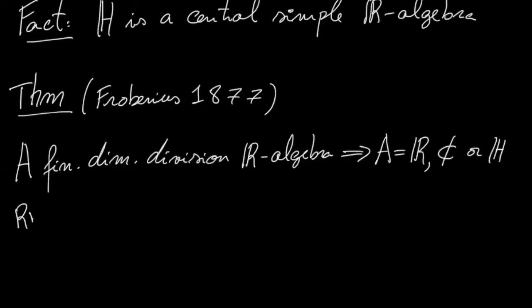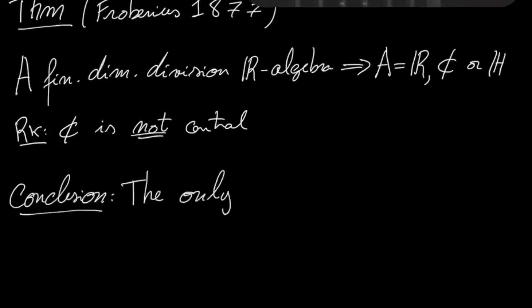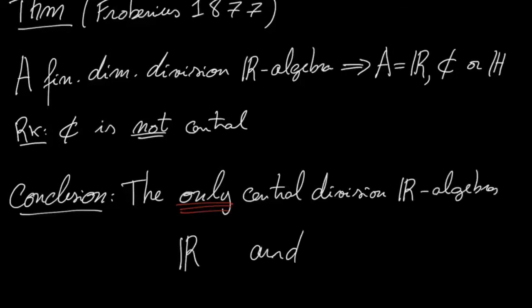Note, an important remark, that C as an R algebra is not central, because its center is actually the whole of C, not just R. And so the final conclusion is that the only, and let me emphasize only here, central division R algebras are the reals and the quaternions.